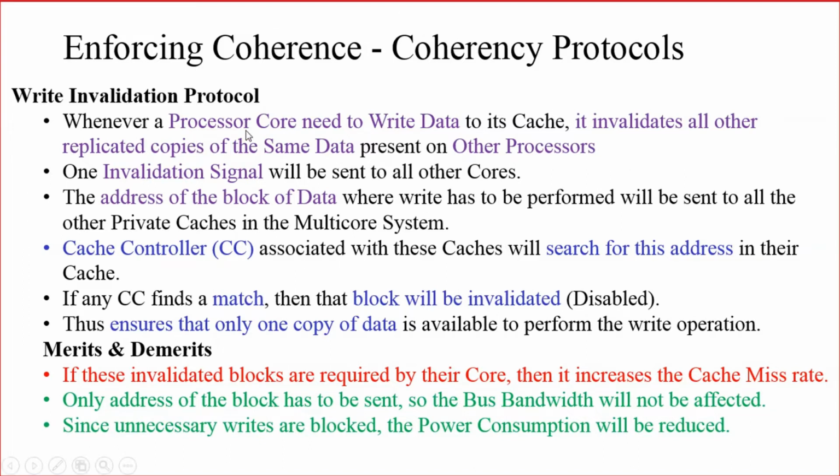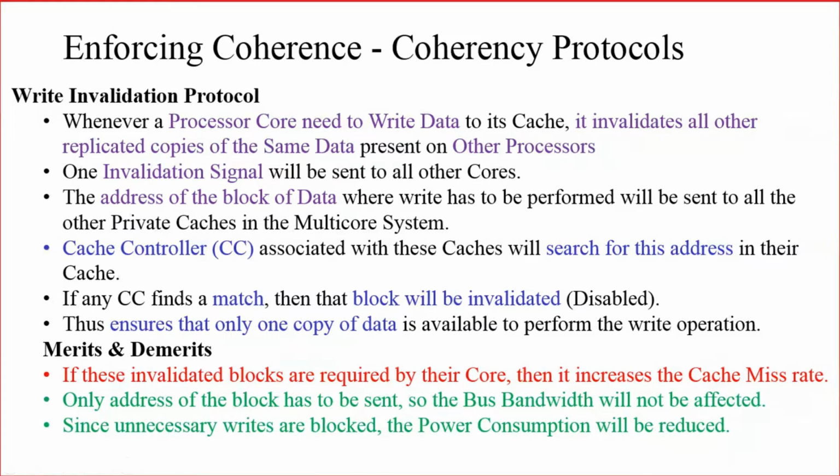So whenever a processor core needs to write data to its private cache, what will happen? It invalidates all the other replicated copies of that same data present on other processors. If we are using the write invalidation protocol, whenever the processor core needs to write the data to its private cache, all the replicated copies of that same data present in other processors will be invalidated.